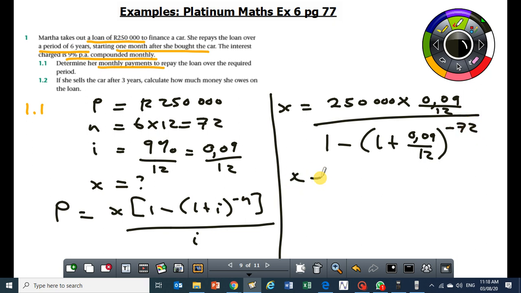Okay, so if you simplify, what answer do you get? It's 4,506 rand and 38 cents per month. Okay, and that amount was supposed to be paid for a full duration of 6 years. Okay, so that's the first part, right?